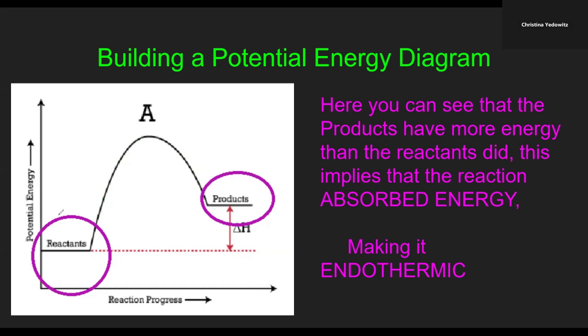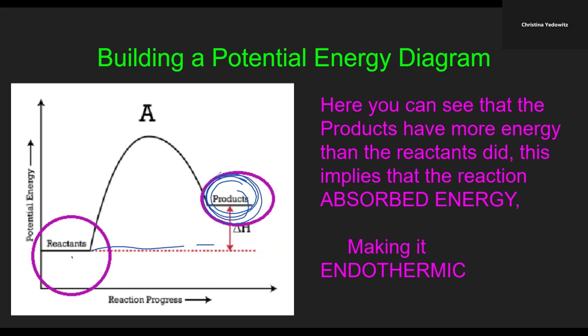Here you can see I started off with this much energy and I'm now below where I ended up. So that means I gained energy. It means I absorbed energy from my surroundings in order to use that energy to break chemical bonds or do the actual reaction. So that energy that you absorbed is now part of your products.